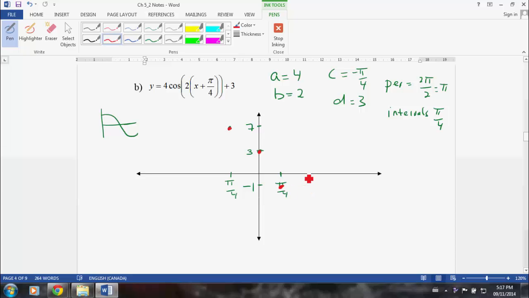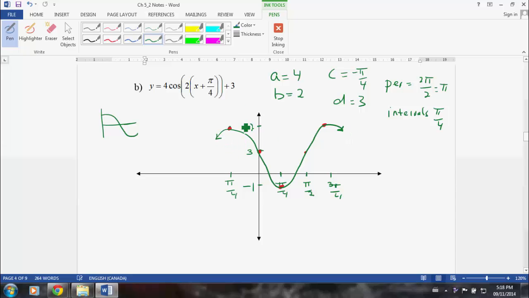At my next interval, I'll be up here, and then I'll be back up here again. And so labeling those in green, I'm jumping by pi over 4, so this is pi over 2, and this is 3 pi over 4. So my graph is going to look something like that.